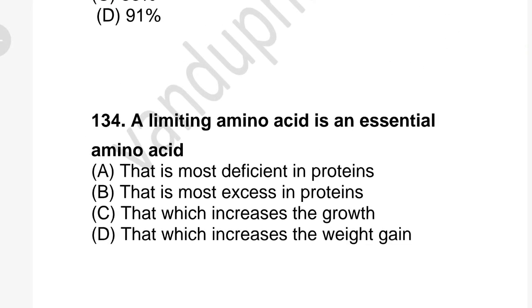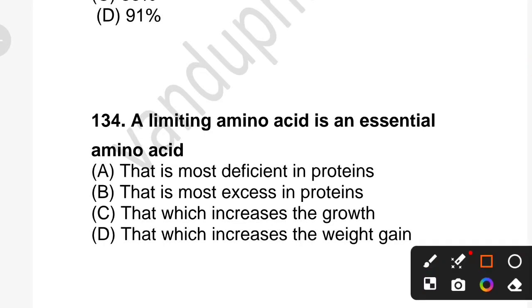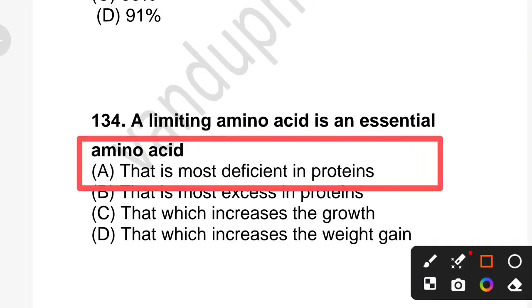A limiting amino acid is an essential amino acid. Option A that is most deficient in protein, option B that is most excessive in protein, option C that which increases the growth, option D that which increases the weight gain. Right answer is option A that is most deficient in protein.